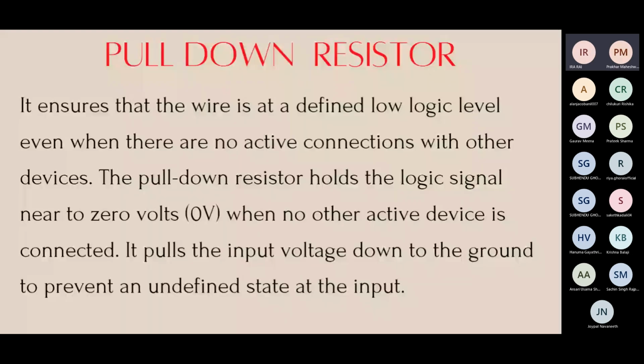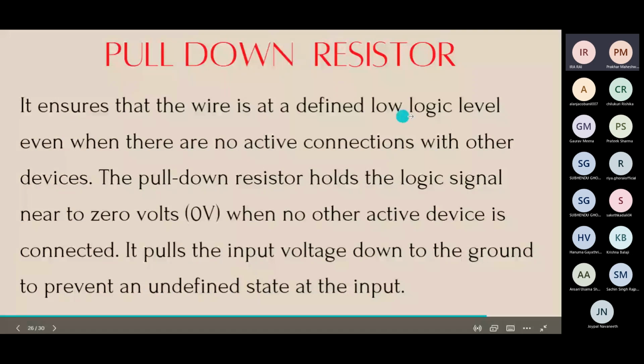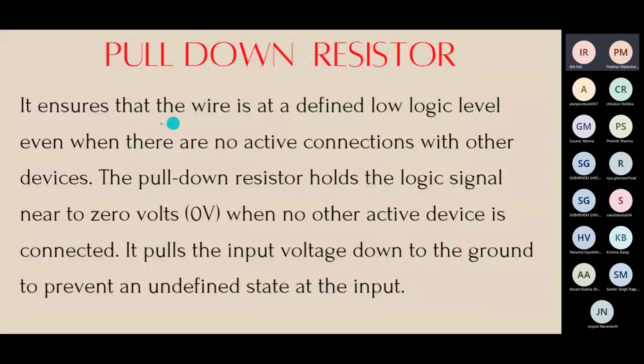A pull-down resistor is quite the opposite of a pull-up. In this case, the initial state is a low logic level. The wire is at a defined low logic level, even when there are no active connections. A pull-down resistor holds the logic signal near 0 volts when no active device is connected.